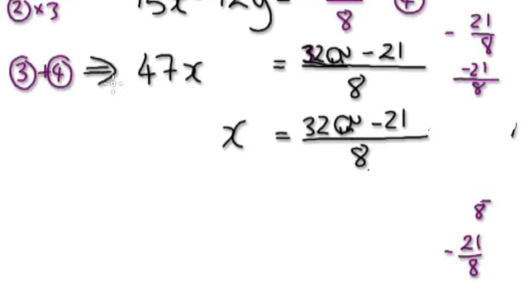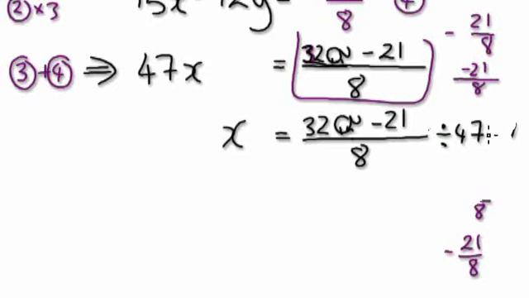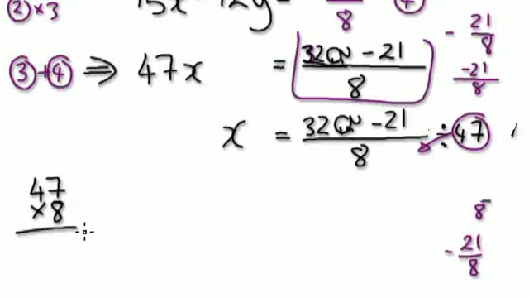When we were here, we decided to divide both sides by 47. So you take this thing down, whatever it is, and then divide it by 47. Now when you divide a fraction, it gets multiplied to the bottom. So this thing here would in effect be 47 times 8. So it gets multiplied to the bottom.